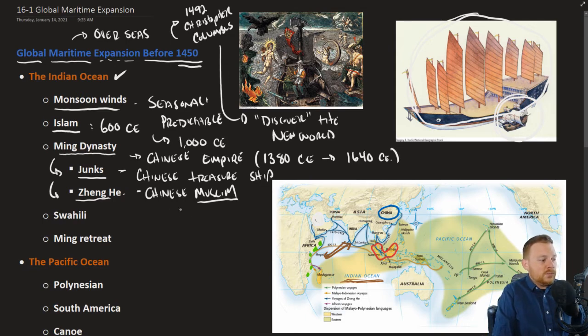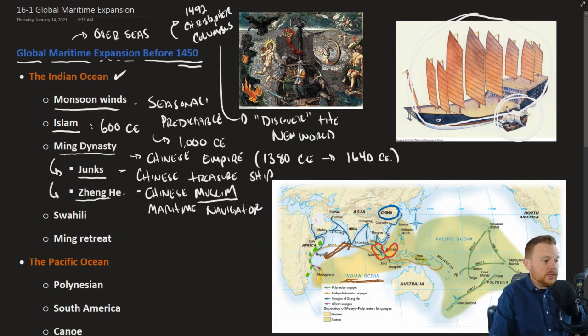Chinese Muslim, we'll call him Maritime. We'll call him Navigator. Right, that's what we called him. But he was placed in charge of this massive fleet, and more or less what the Ming Dynasty wanted to do was, via Zheng He, establish diplomatic relations, look possibly if there were any type of economic benefits that could be extracted, trading networks, whatever it is.